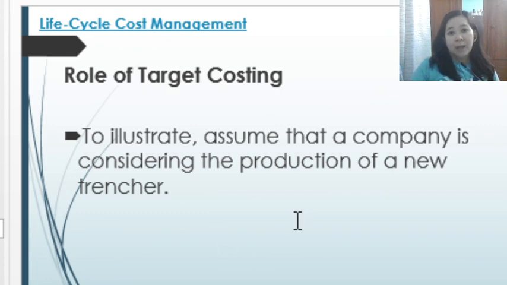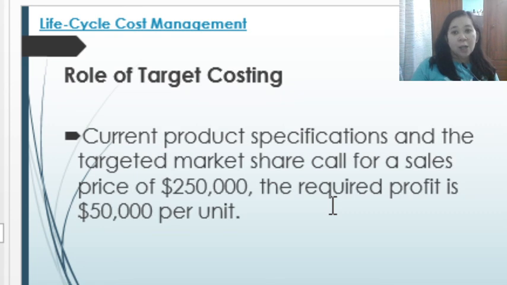So here we have an illustration of target costing. Assume that the company is considering the production of a new trencher. The current product specification and the target market share call for a sales price of $250,000. The required profit is $50,000 per unit.